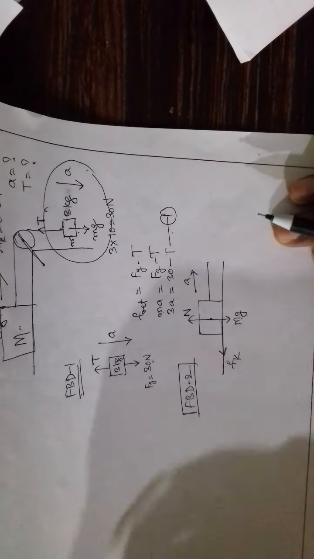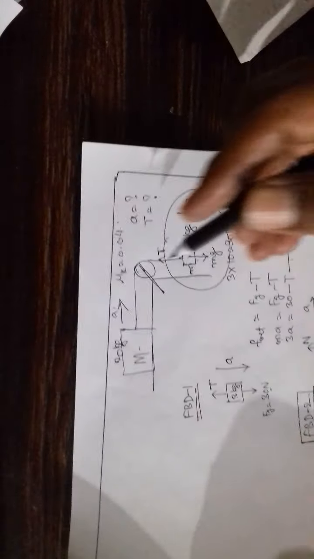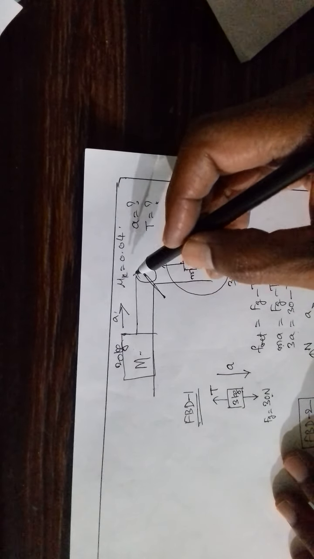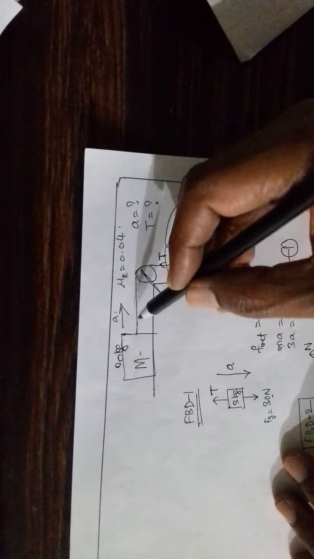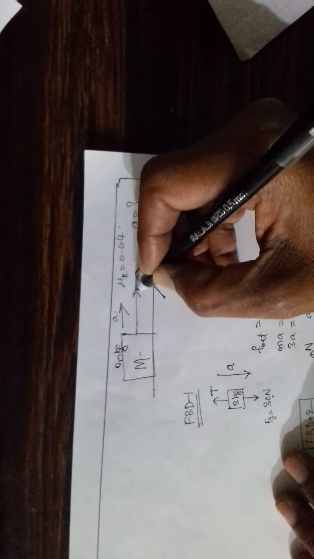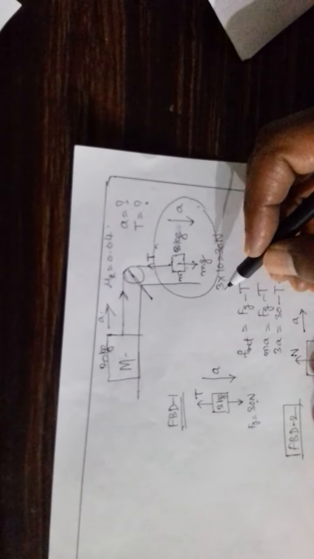See here, since the gravitational force is pulling, the tension force will be acting here, because it opposes the stretching of the string.